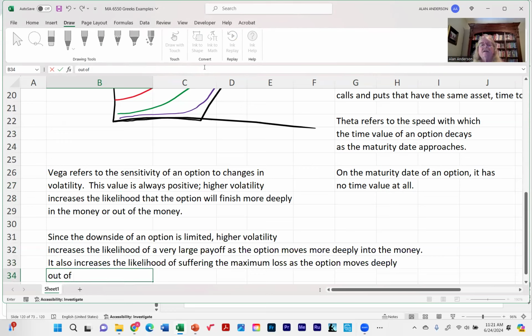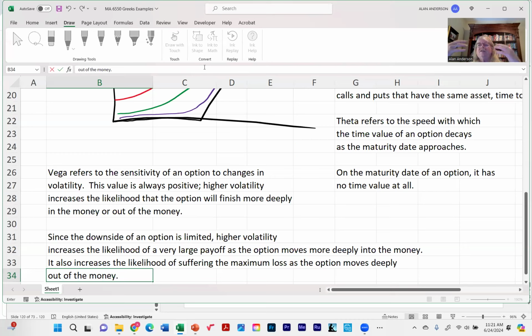But the point is that because the upside is unlimited and the downside is limited, by adding the same likelihood of getting into either situation, you're benefiting more from that upside potential than you're losing from that downside potential, because it's limited.